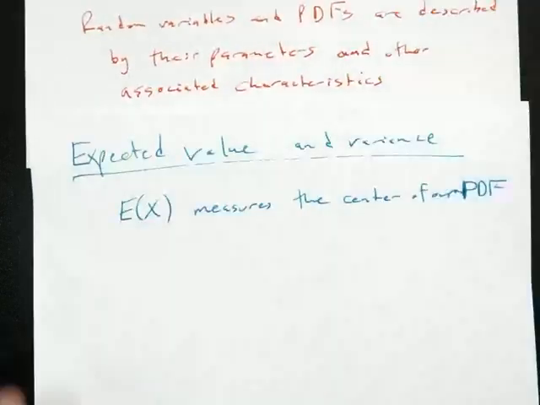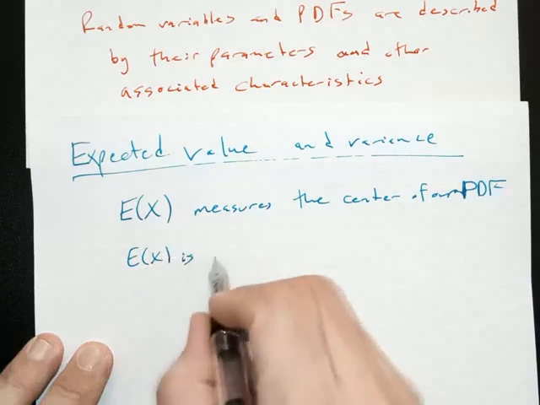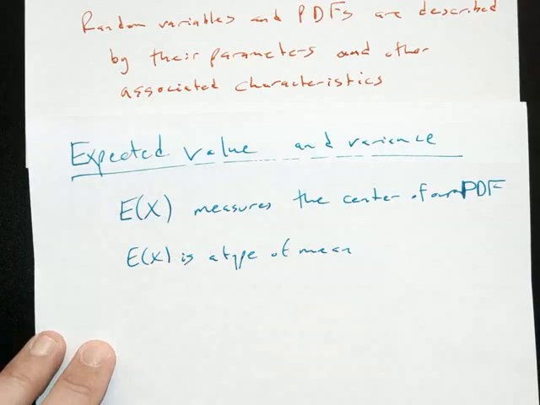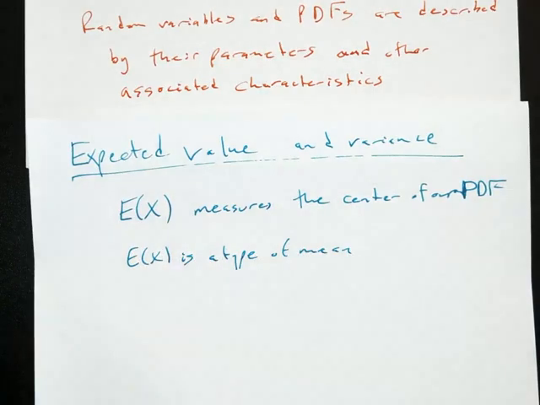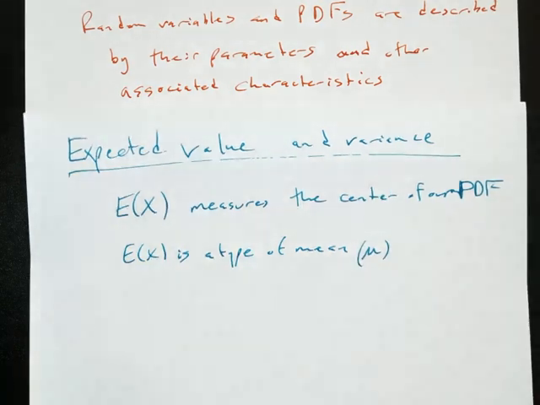As a matter of fact, an expected value is a type of mean. Okay, wait a minute. We used the symbol mu for a mean, right? I'm going to use that same symbol in addition to E of x.